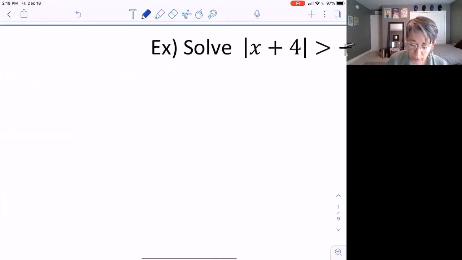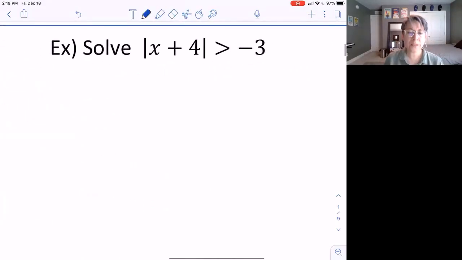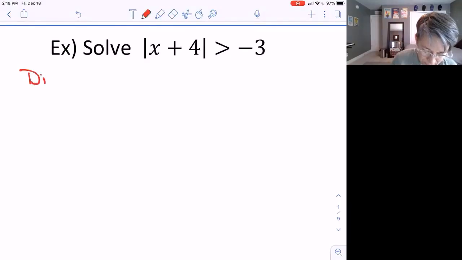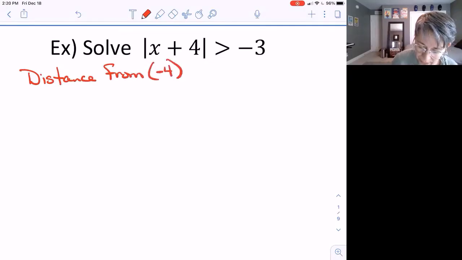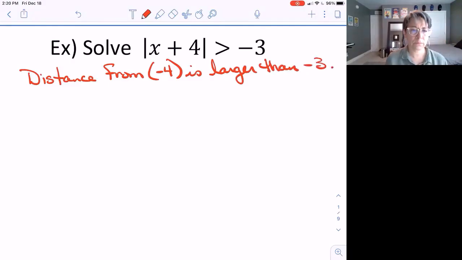The next problem here to the right, we're asked to solve the absolute value where it's greater than negative 3. So again, this is saying the distance from a negative 4 is larger than a negative 3.